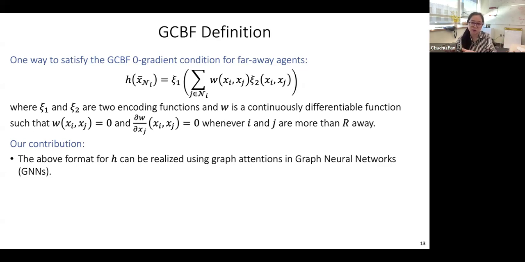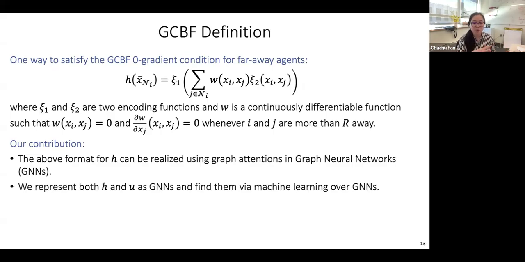So that attention is 0. And the closer my neighbors are to me, the more attention I will pay to them. And our contribution is really to represent both h, which is our GCBF, and the policy, which is another distributed policy, as graph neural networks, and find them using machine learning over GNNs.